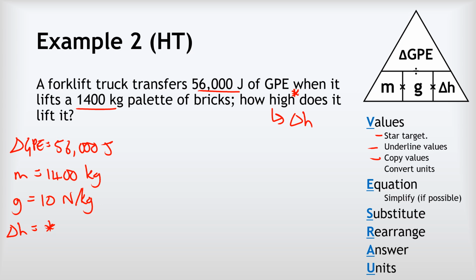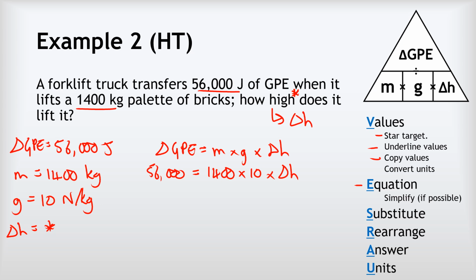So now we can write out the equation. Delta GPE equals M times G times delta H. Let's substitute in. So we've got 56,000 equals our mass, which was 1,400, multiplied by our value for G, which is 10, multiplied by delta H, which we don't know.